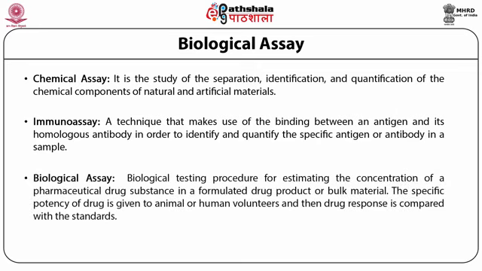Whereas biological assay is a biological testing procedure for estimating the concentration of a pharmaceutical drug substance in a formulated drug product or in bulk material. The specific potency of the drug is given to an animal or human volunteer, and then the drug response is compared with the standard drug.